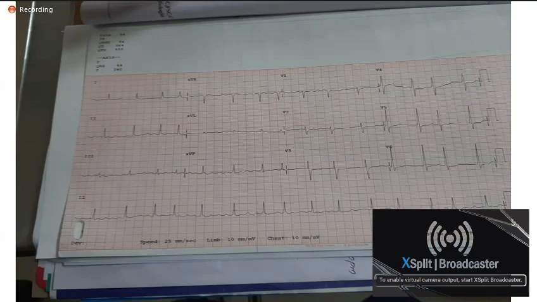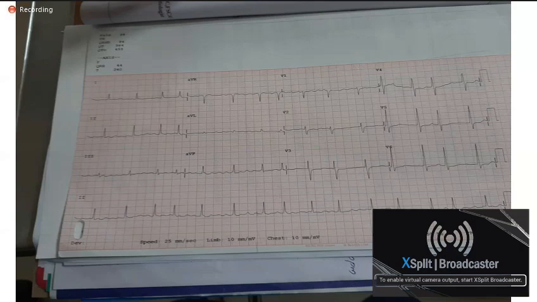Our teaching is that if the axis is below 60 degrees, most likely mitral valve orifice is more than 1.3 centimeter square. So it only indicates moderate mitral stenosis at the most. So absence of right axis deviation is a strong point in favor of moderate or even mild mitral stenosis.